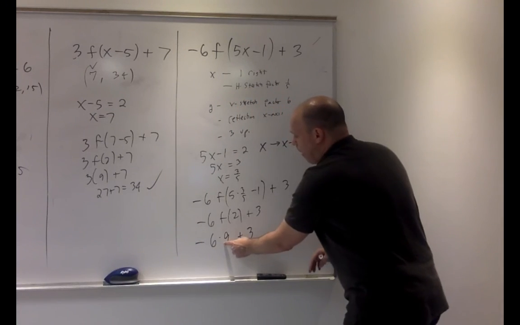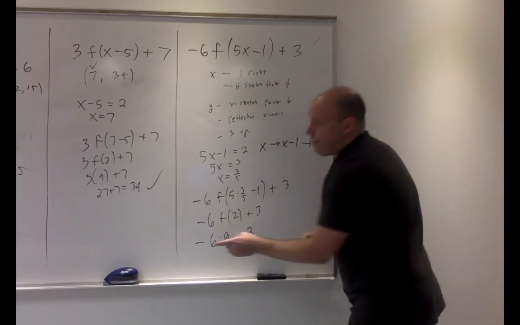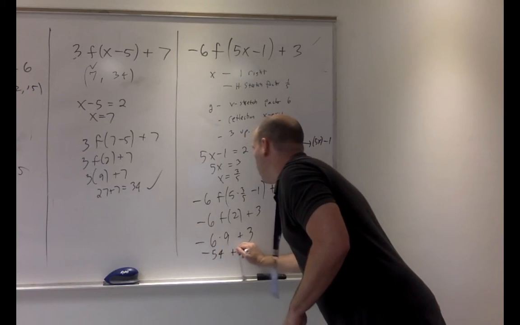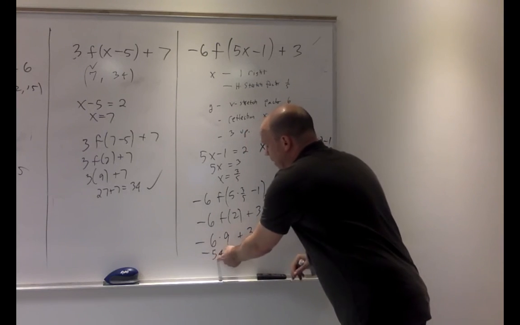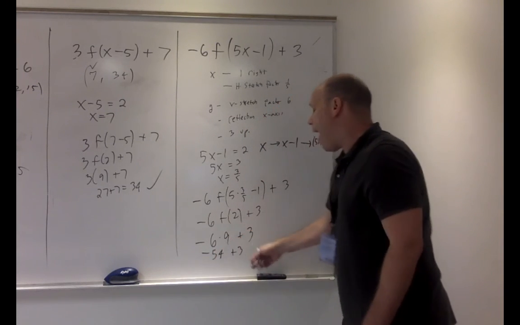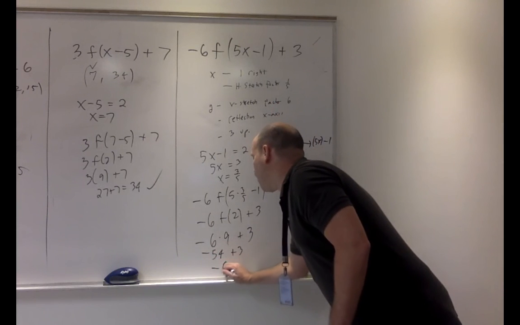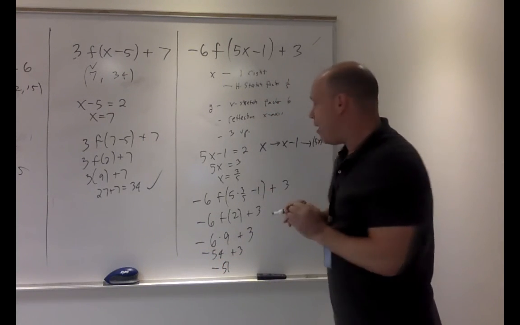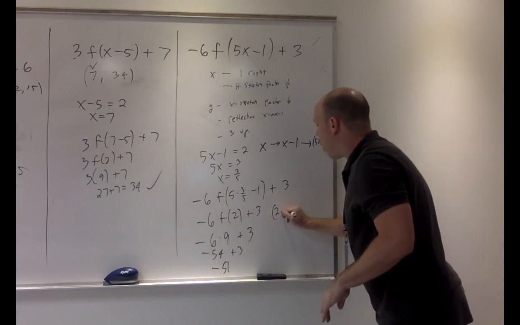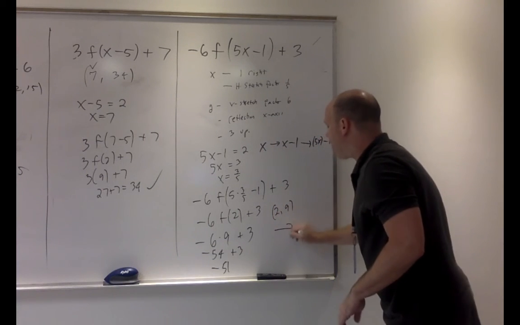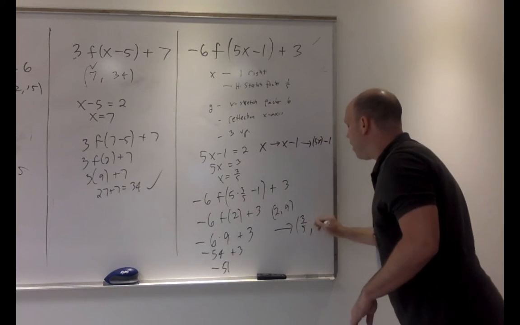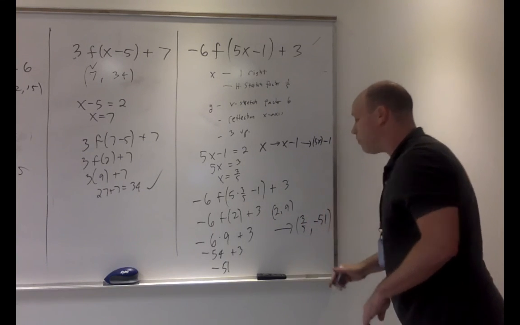Stretch this 9 by a factor of 6, reflect it, so we have negative 54, and then add 3, negative 51. So, based on this transformation, the point (2, 9) is now mapped to (3/5, -51).